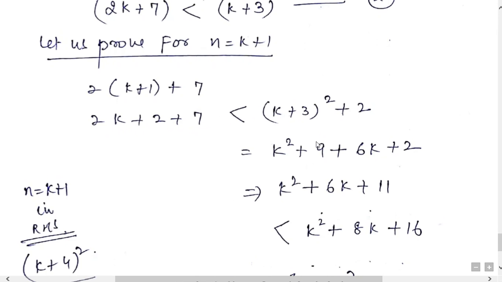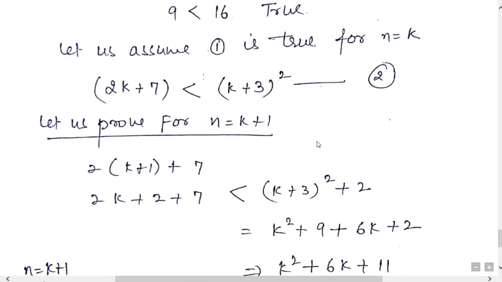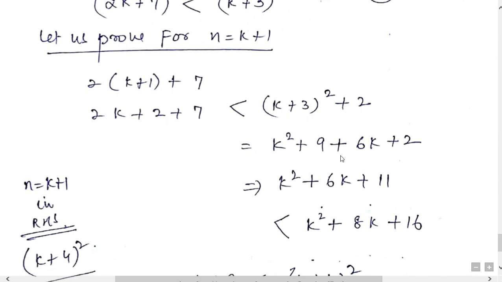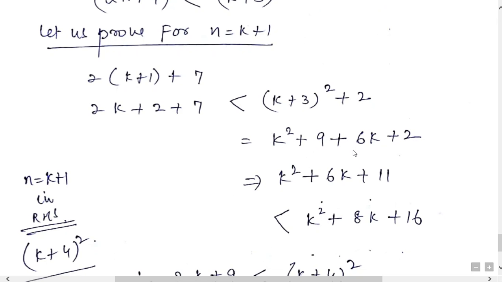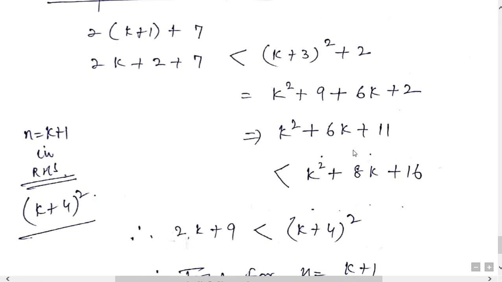Now how to write this value? Let us check point number 2. It's 2k plus 7 less than k plus 3 whole square. If I add 2 on both sides, then I can generate this equation. 2k plus 2 plus 7, it means I am adding 2 on the left hand side. Similarly, I can add 2 on the right hand side. Now open the square bracket. It's k square plus 9 plus 6k plus 2. It means it's k square plus 6k plus 11.